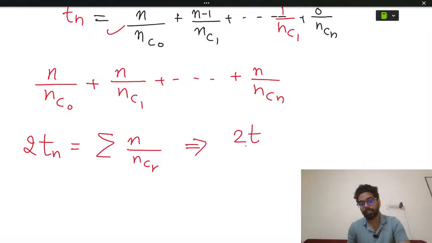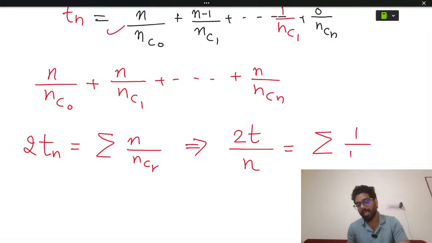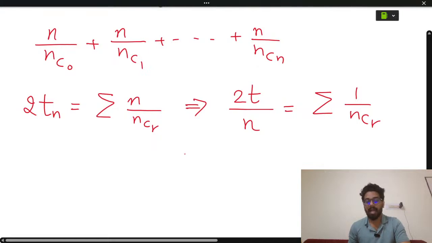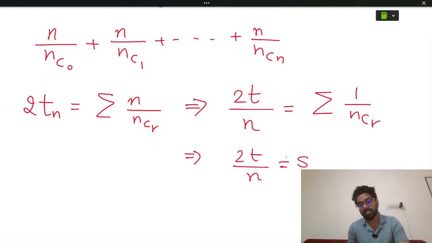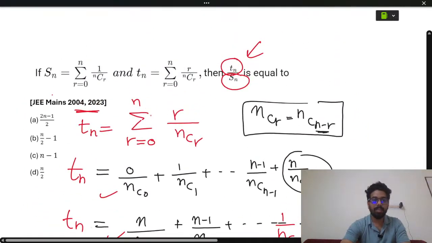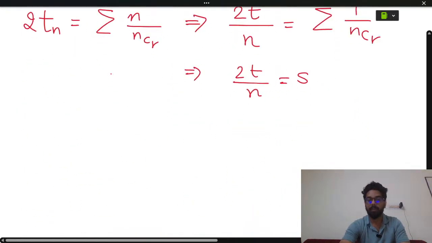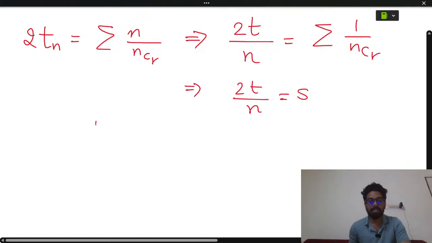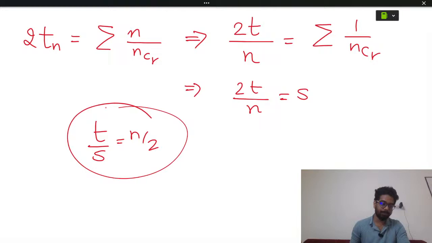So 2T, this n will come out, whole divided by n is equal to sigma 1 upon nCr, which is actually S. So you will have 2T by n is equal to S. What is S? S is sigma 1 upon nCr. So now what they are asking is, what is T by S? It's n by 2. Easy question, but tricky one.